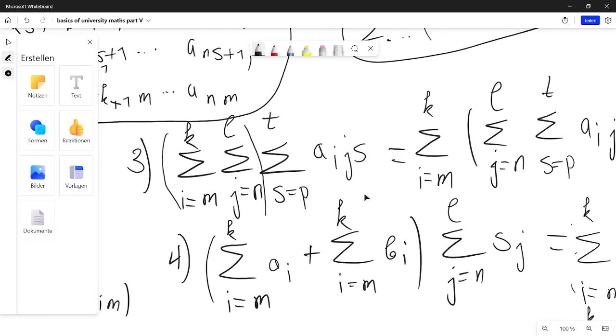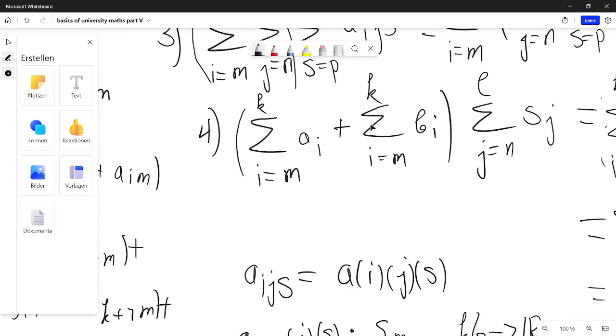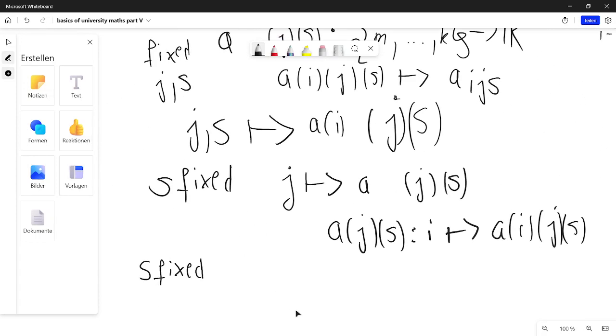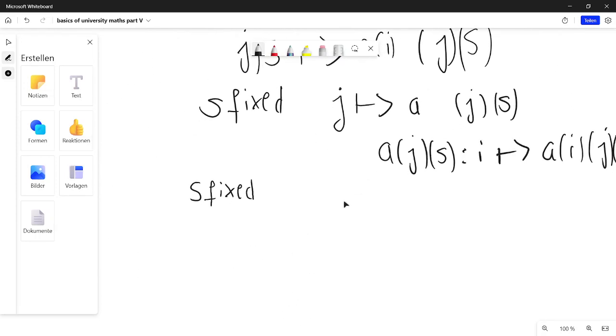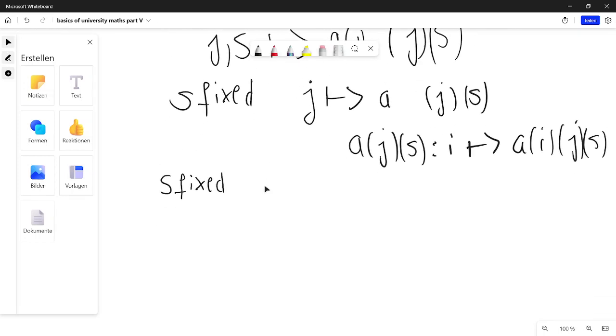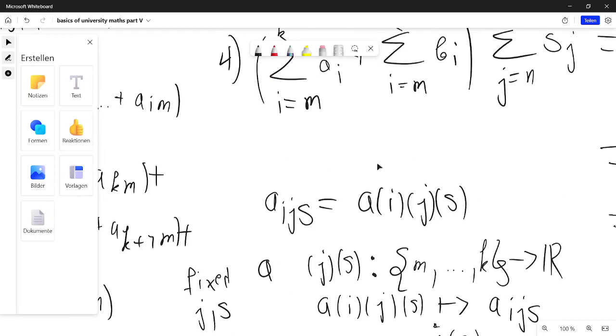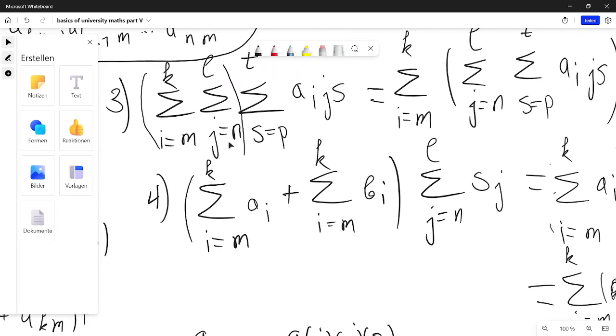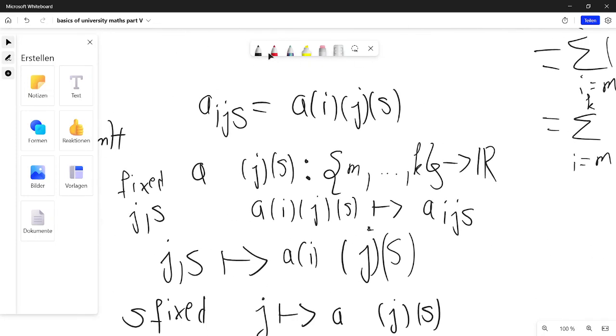All right. And we'd like to represent it now. What we said, S is fixed, and we'd like to go through all the indices through which J goes. And recall we had now just J S with fixed S. Okay.